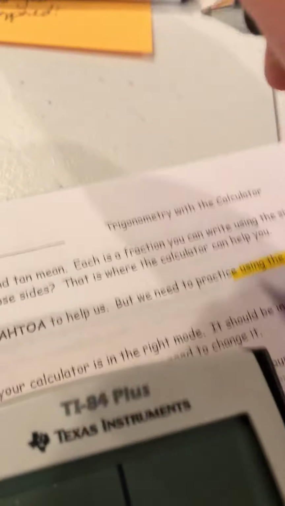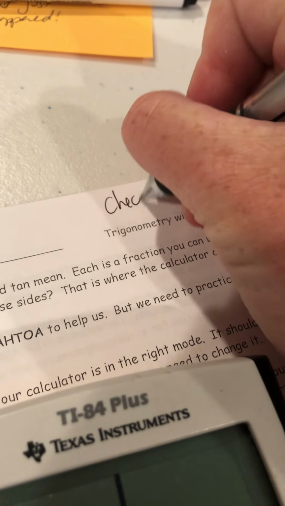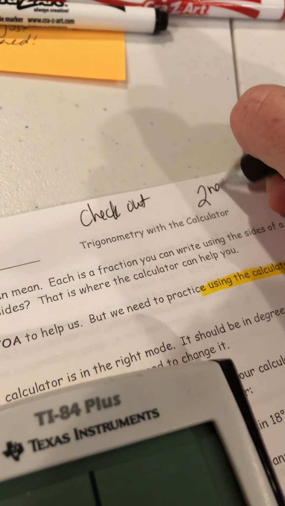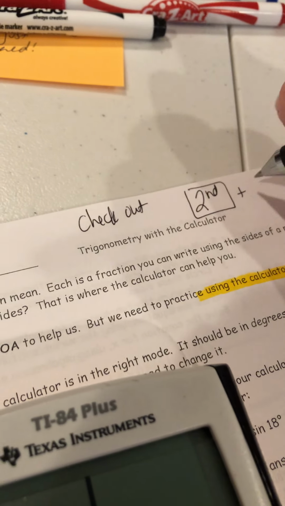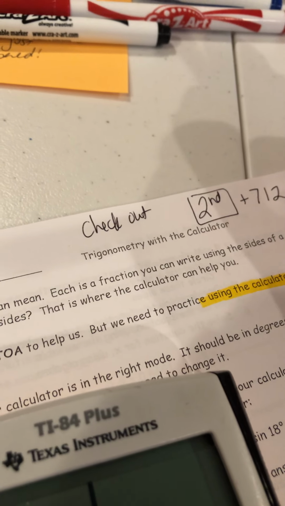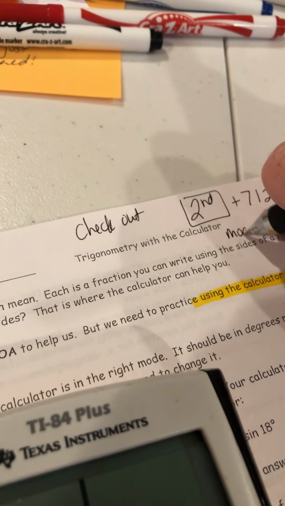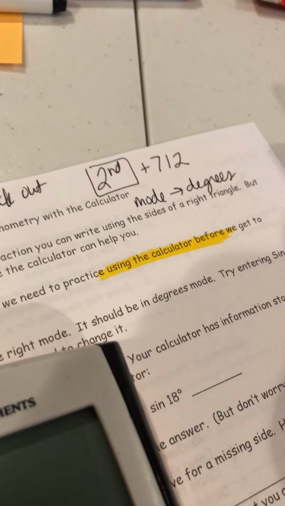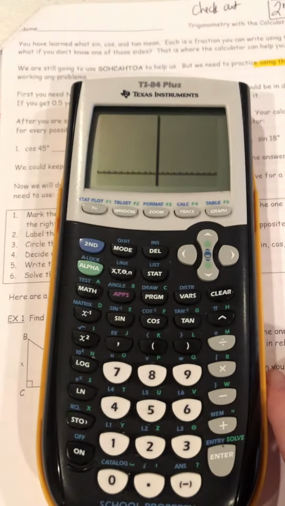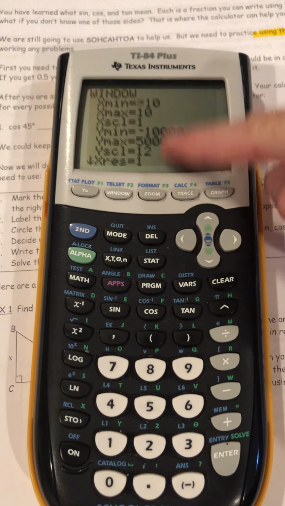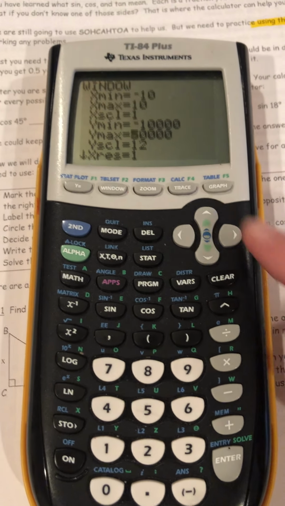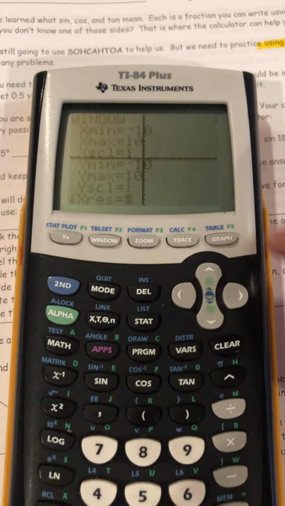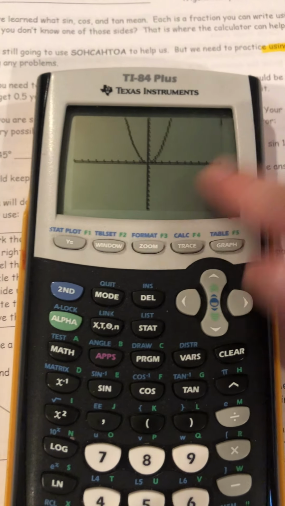But the first thing you should do when you check out your calculator for the ACT is do second plus 712 and then change the mode to degrees. And then it's ready for test day. What's happened is the window's all off. If you know what you're doing, that's nothing to change, and you could go back and there's your parabola.